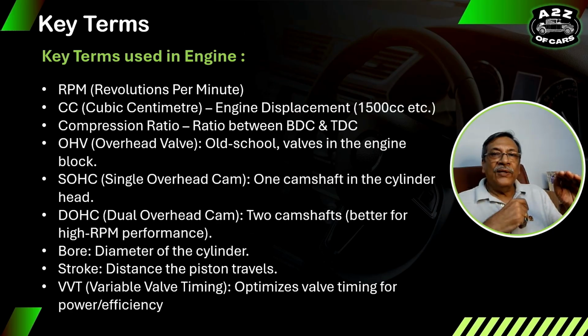So in single overhead camshaft, the intake and exhaust valves are opened by one camshaft. There's one camshaft which opens and closes the valves, intake as well as the exhaust valves. Whereas in DOHC, there are separate cams for intake and exhaust both. That's why they are called dual overhead camshaft.